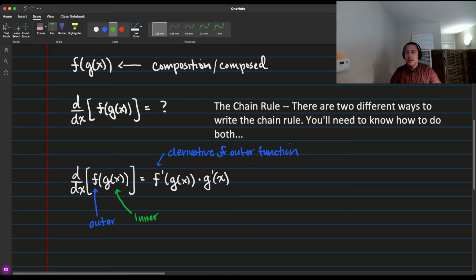And then you're still going to compose it with the inner function. And then what are you going to multiply by? The derivative of the inner function.